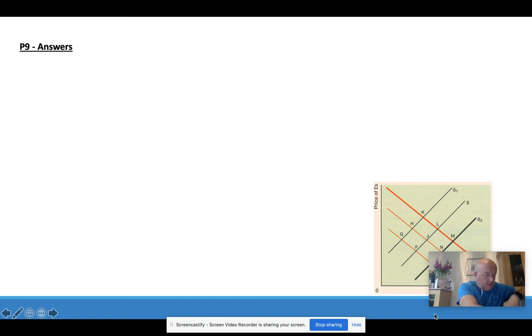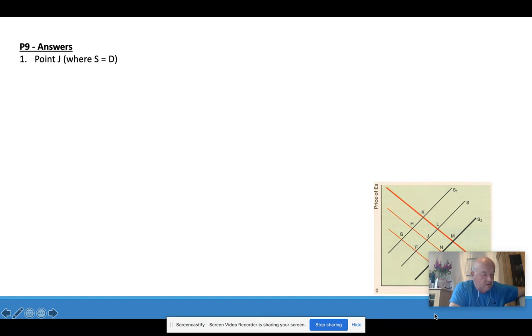So the answers then to this scenario, where we've got the market in equilibrium, and then how the scenarios might impact that position. Okay, so let's take a look at the first question then. So remember, the diagram shows demand and supply of pounds on the foreign exchange market.